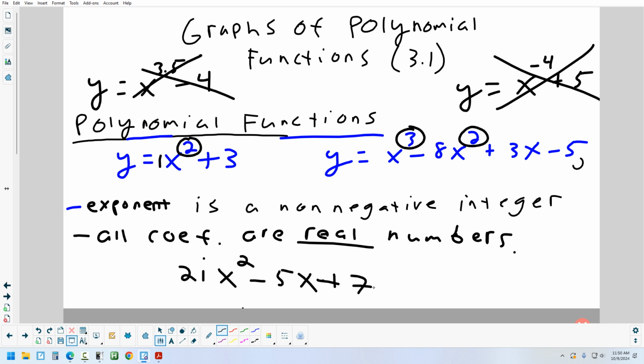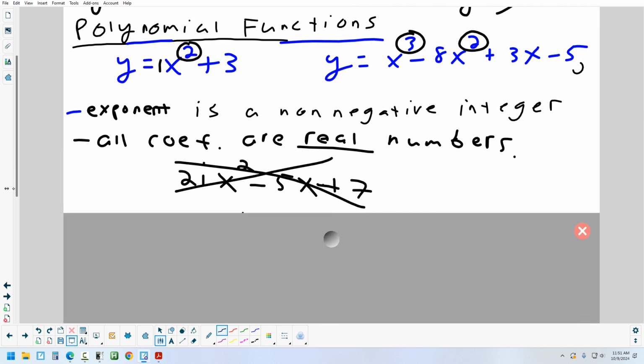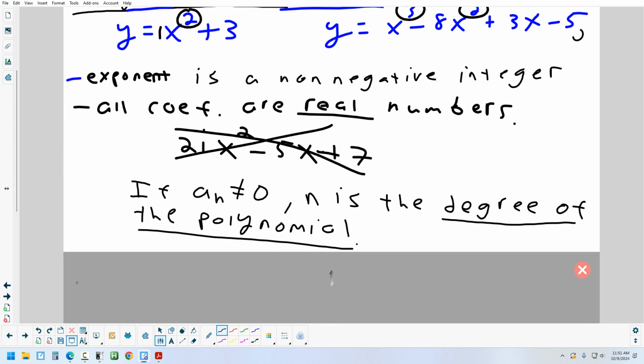That's an imaginary number, and you cannot have an imaginary number in front of a variable and call it a polynomial. So no, that's not a polynomial. Any question on, especially the ones that I crossed out, why those are not polynomials? Okay.